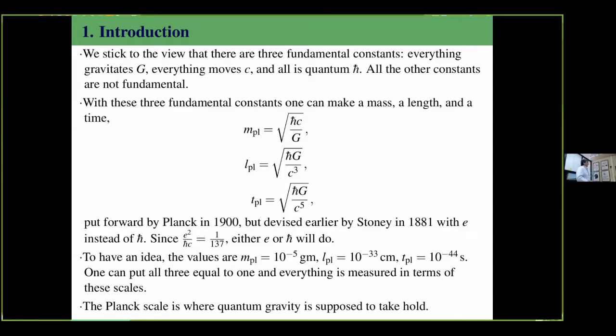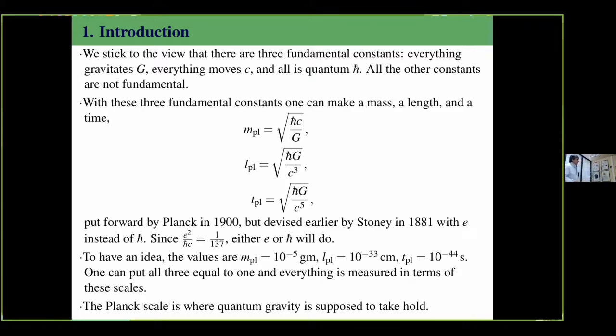To have an idea, the Planck mass is 10 to the minus 5 grams. It's huge in terms of elementary things. The Planck length is 10 to the minus 33 centimeters, which is very, very tiny, and the Planck time follows immediately. This means that, for instance, to have a black hole of 10 to the minus 33 centimeters, you have to have a mass of 10 to the minus 5 grams, which is kind of a cell mass or something like that.